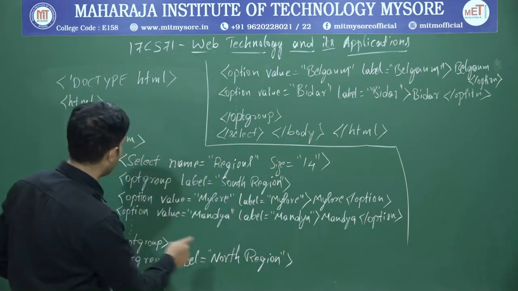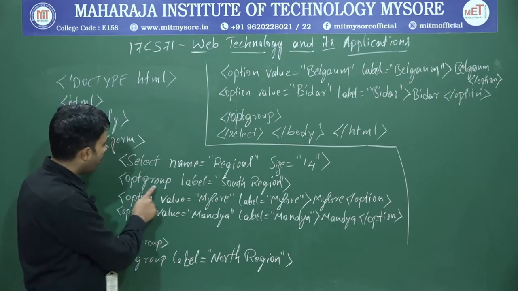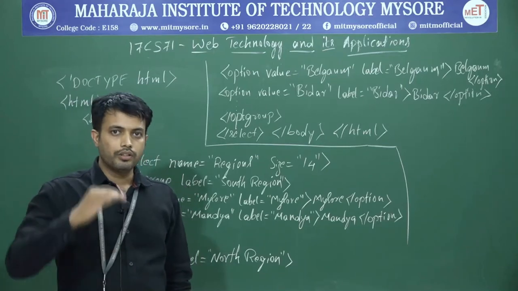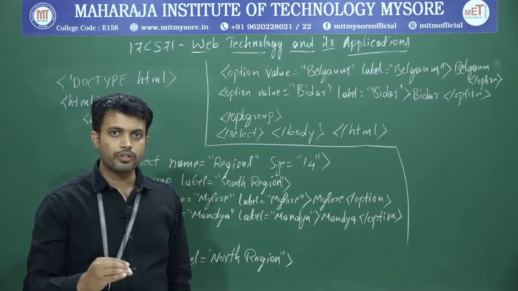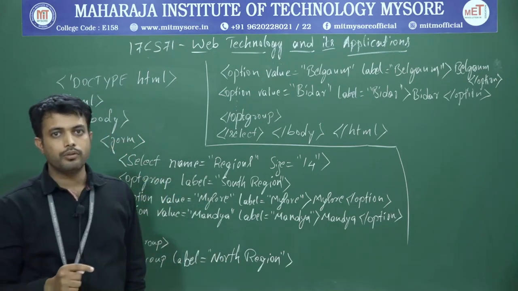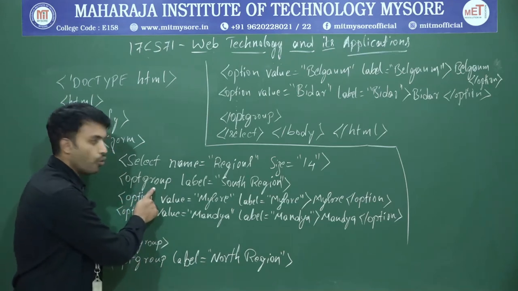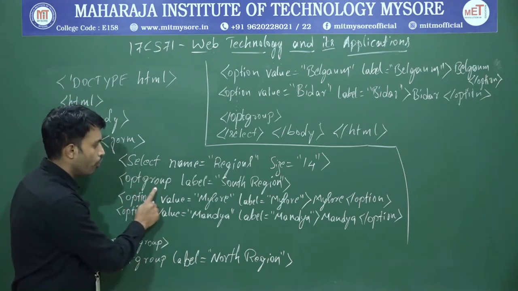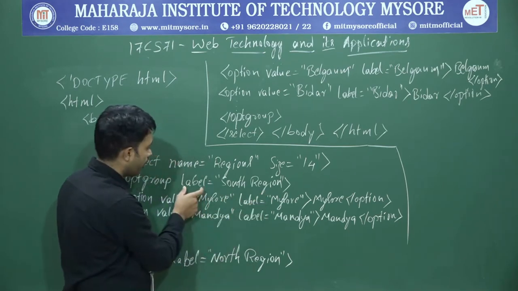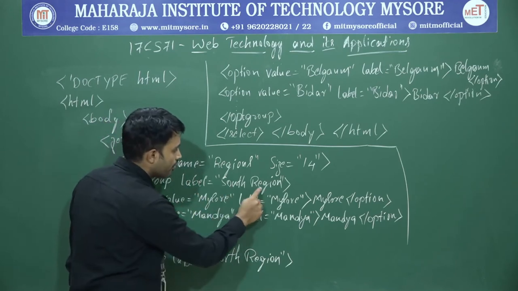Next is OPT group, which is nothing but option group. We have so many options under this select control, so we need to group those options using OPT group with the label south region. I have given a label for that group, that is south region.